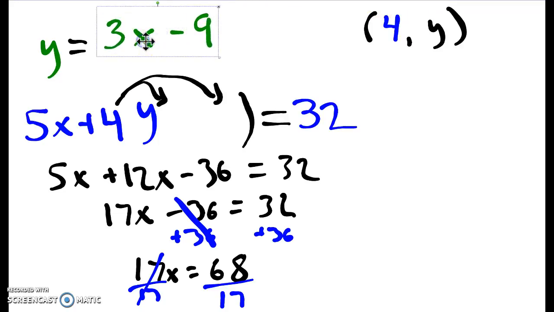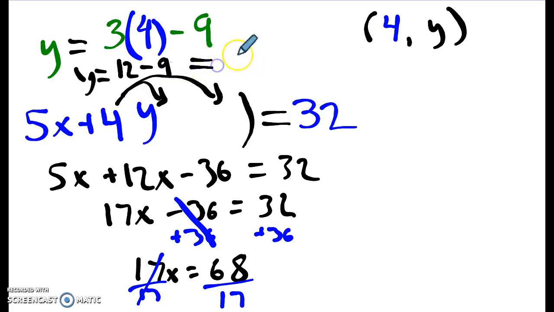We can take this x and trade it out for this x. So this x becomes 4. Again, this is from the plugging in strategy before, and it's the same thing as what we just did right here with substitution. So y equals 3 times 4 minus 9. So y equals 12 minus 9, which means y equals 3.